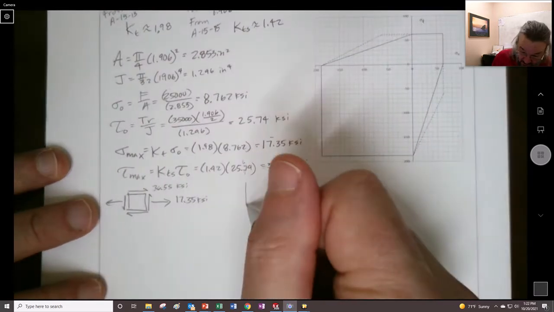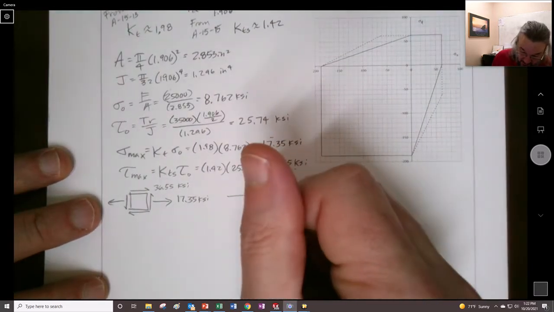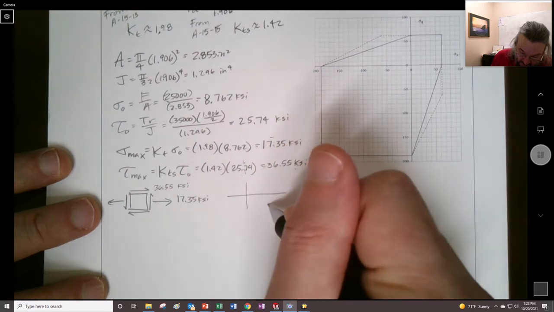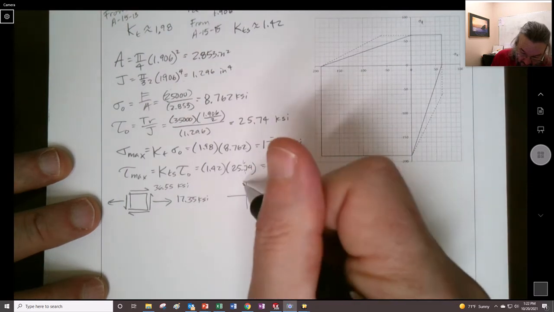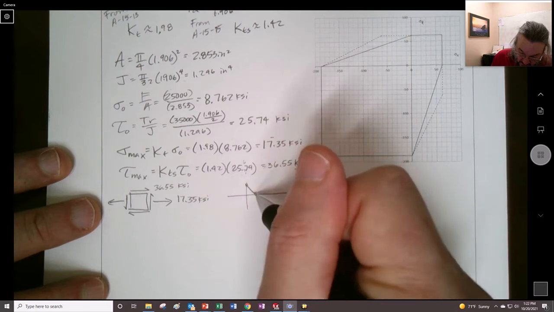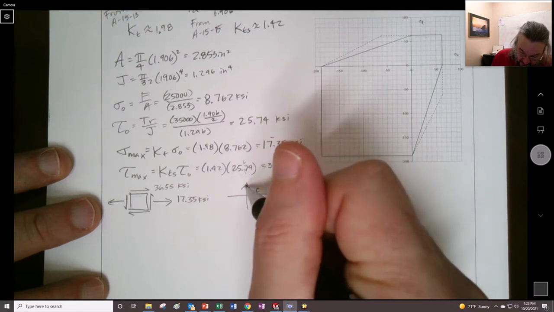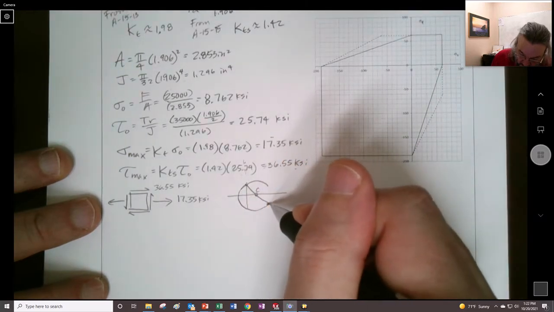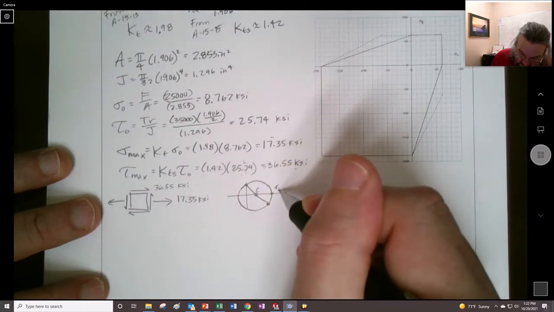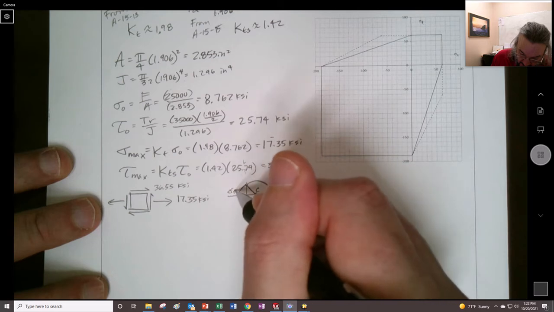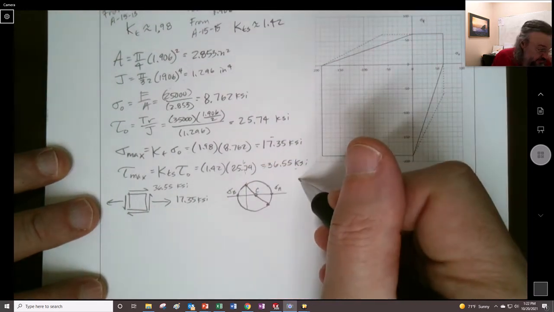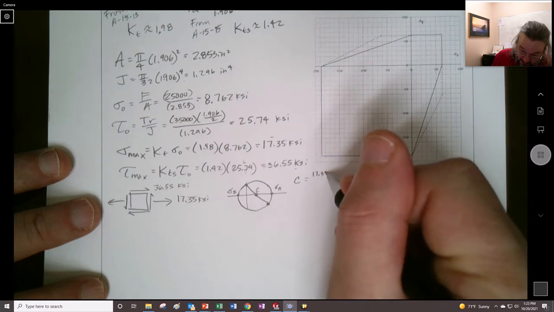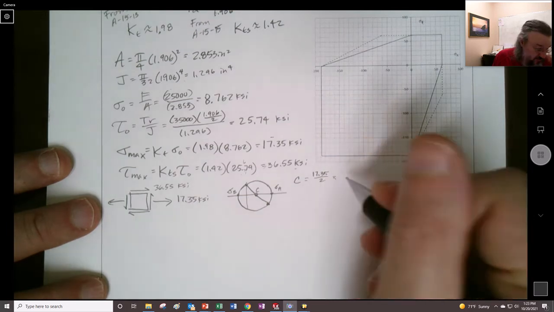And doing a little more circle action. All right, so here's our C. And here's going to be sigma A. Here's sigma B. And C is simply going to be 17.35 divided by 2.